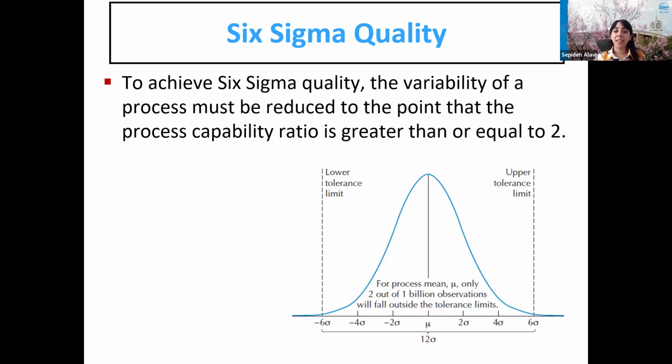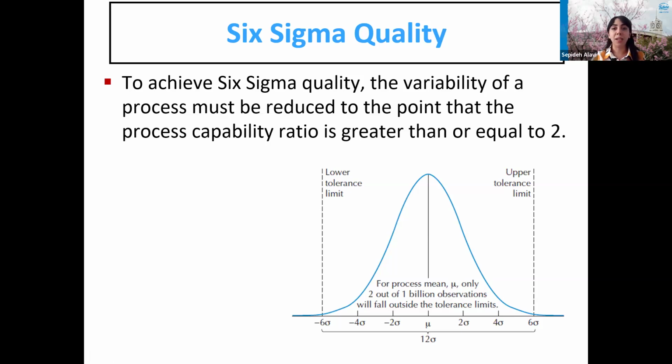In other words, they have worked on improvement of their processes over time to the point where only 2 out of 1 billion observations will fall outside the tolerance limits when this process is working. Right? So that's huge. Only 2 out of 1 billion observations will fall outside the tolerance limit. That means the process is really working in its superior way. And that's a big deal.